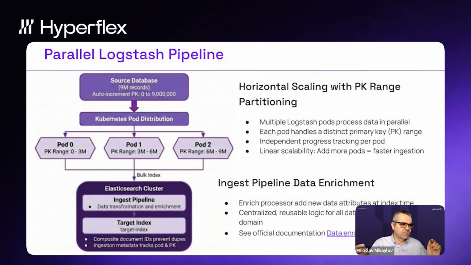This is very useful when you have some natural partition key. In real world transaction data, maybe your natural partition key will be some timestamp. Maybe your data is so huge that you have a weekly or monthly data set, or each index is split on multiple shards. But anyway, the idea is that you scale pods infinitely for your big data set, and theoretically you should be able to ingest your data in a very short time frame.